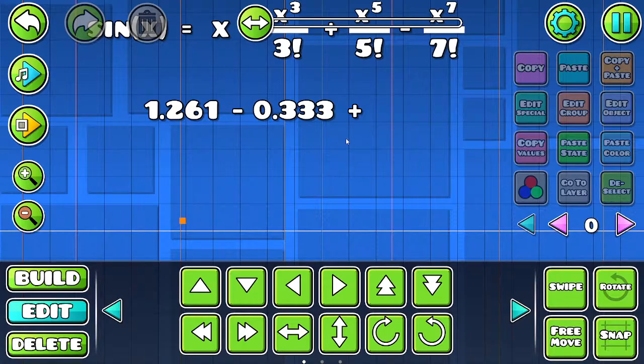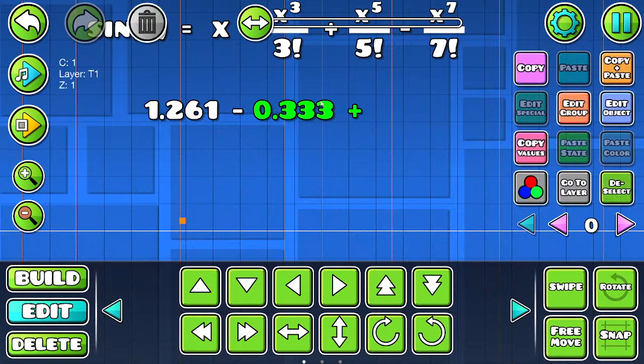And then we have to do 1.261 to the fifth. Yep, definitely using the calculator for this one. About 27.